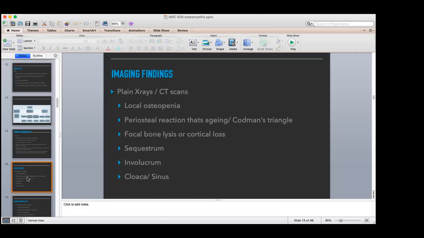Okay, so the body, remember we've said there's recruitment of the monocytes, basophils, the body is trying to heal itself, macrophages. So there's that destruction as well as new bone being formed. So the dead bone will be sequestrum, the new bone will be involucrum. Then there's formation of the cloaca and the sinuses. So whatever the body is trying to discharge will go out through a sinus, and then the cloaca will be formation of the bone defects.